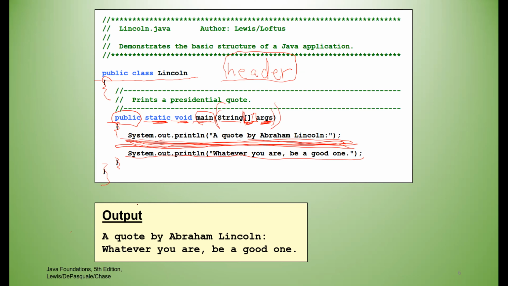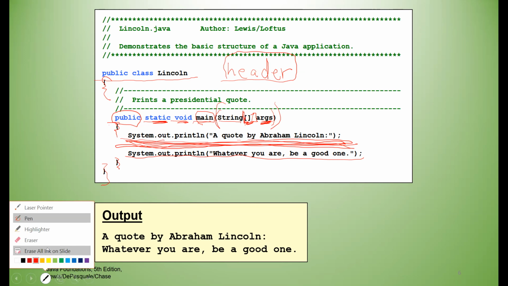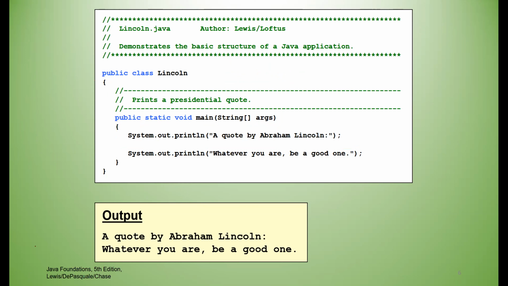Okay, so that is the explanation of this program. Any questions, everybody? Now you look at this, is it that foreign? Maybe not, right? You understand, oh, this is the class header. This is the method header. And these are the statements. This tells you the class begins.